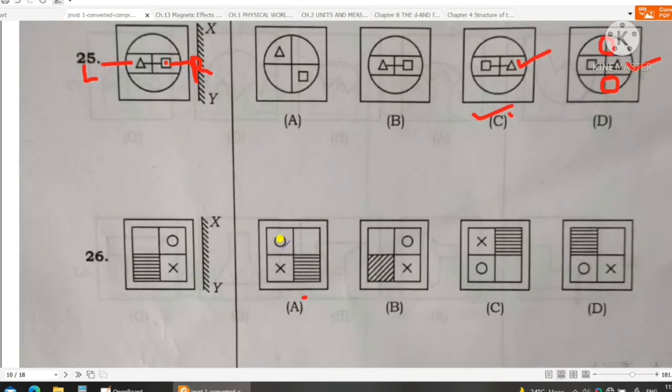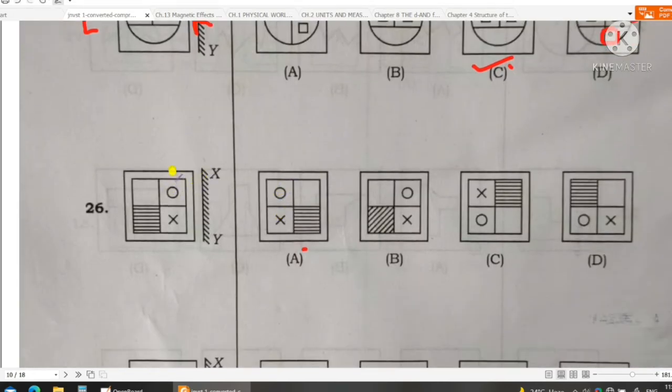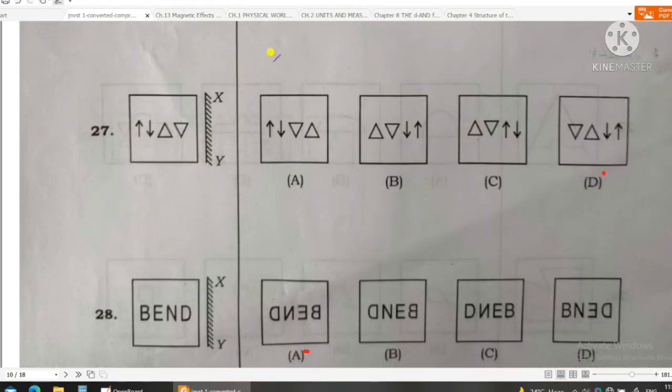Okay, in the same way, this circle will change its place here and this cross will change its position here. Okay, so you have to identify such pictures in which this is given. Only option 1 is correct, that is option A. Then next one, you can see this triangle.